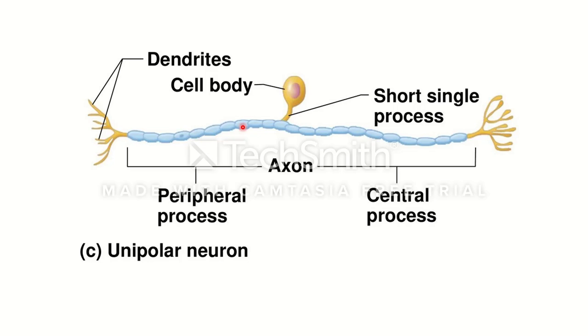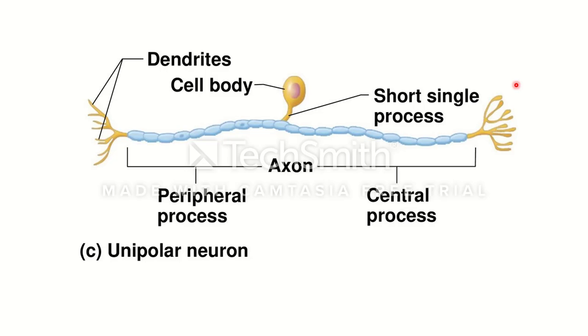They are myelinated. Okay, so we have a peripheral axon and a central axon. This peripheral axon goes toward the periphery, for example the skin, and this central axon goes toward the central nervous system.